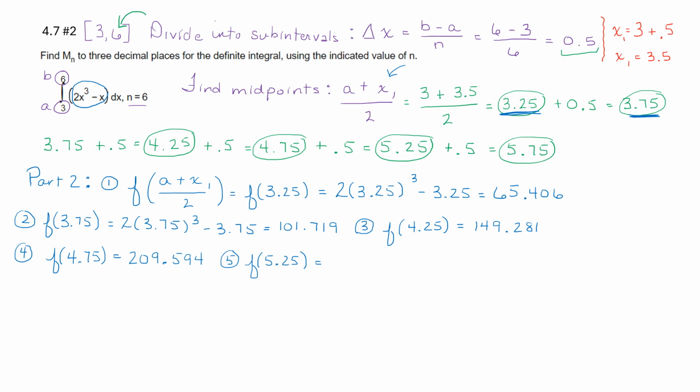And that will give us 284.156. And finally, we'll plug in the 5.75. And that will give us 374.469. Okay.